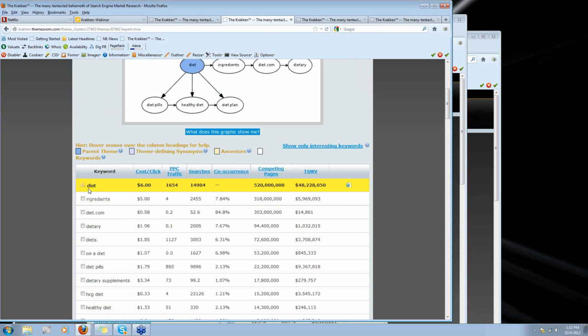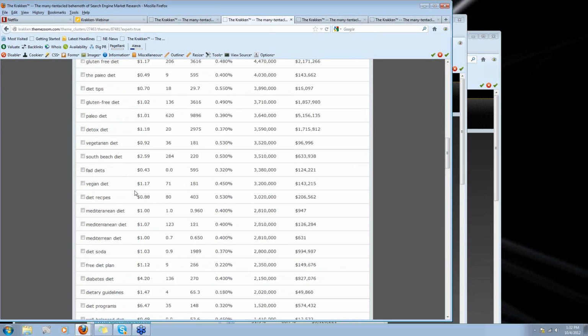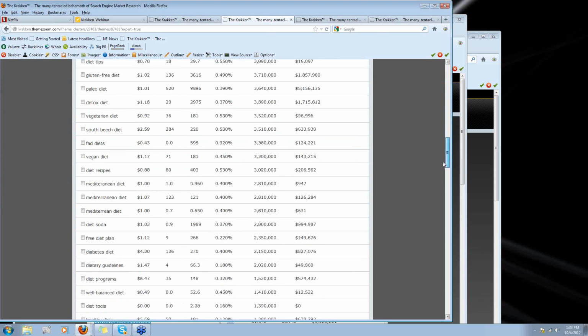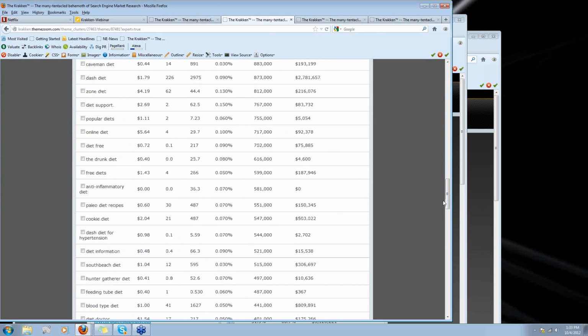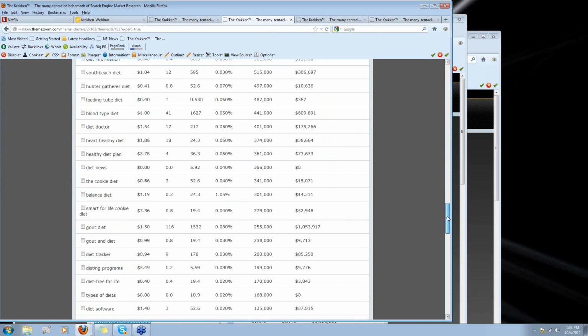And because the LSI was so high, and because the starting values weren't incredibly exorbitant, that keyword was included. So it's a whole algorithm of starting with the seed term and then deciding how far out it's going to branch.